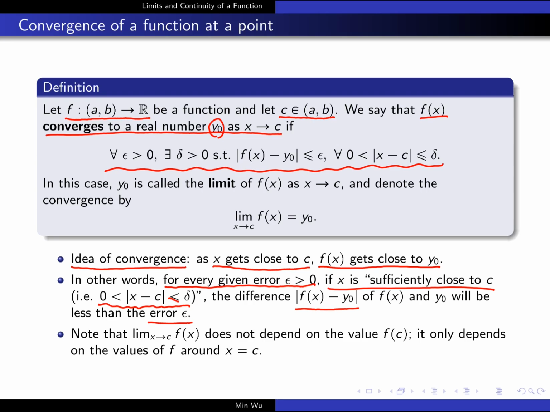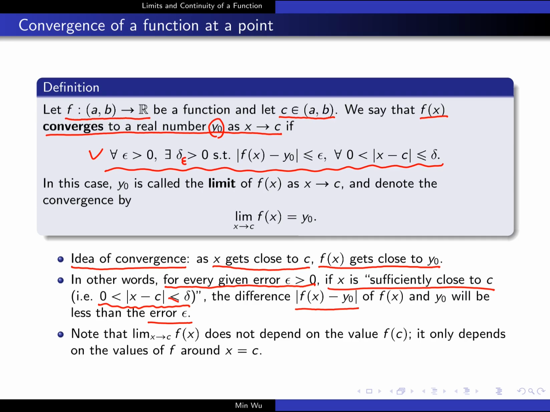So let's go back to the logical statement here. For epsilon greater than 0, the epsilon here represents the error that we are looking at. Then there will exist a delta. Actually, this delta will depend on epsilon, so let's put the subscript epsilon here.